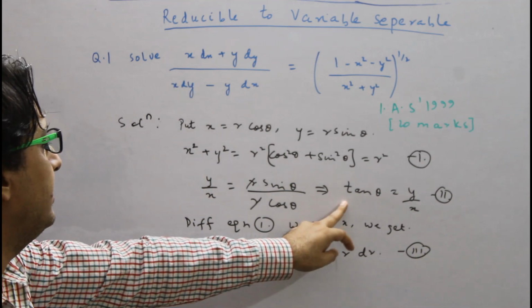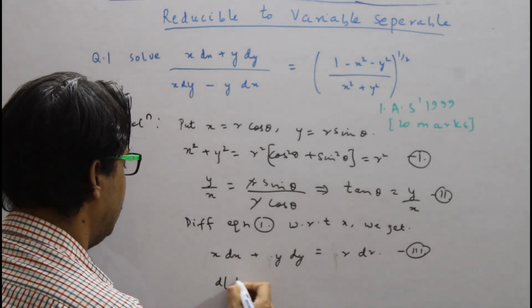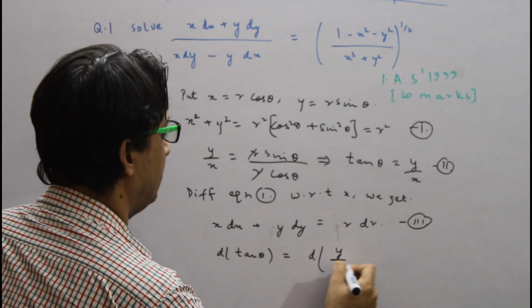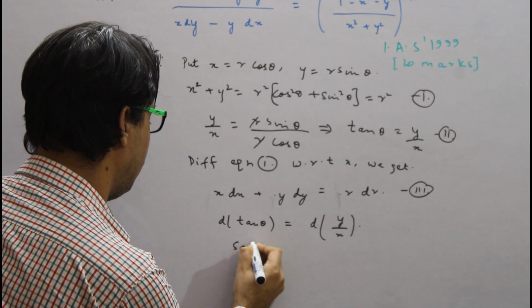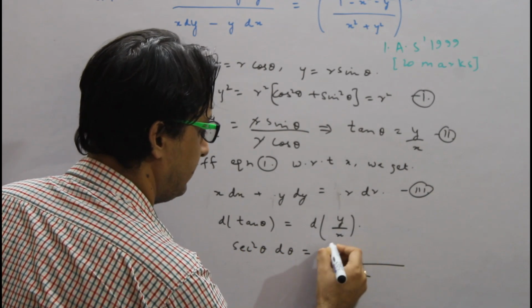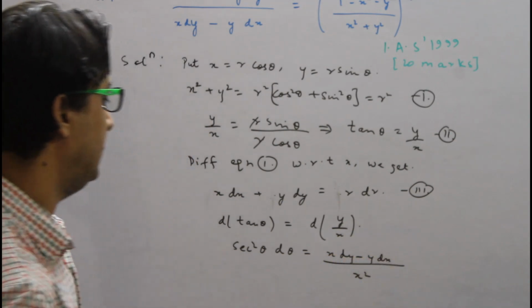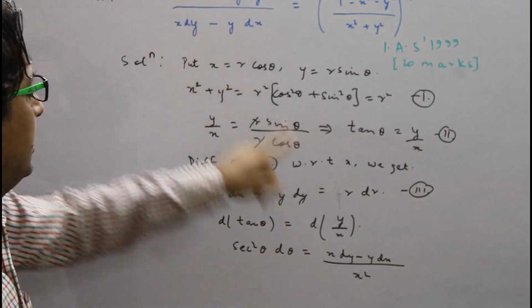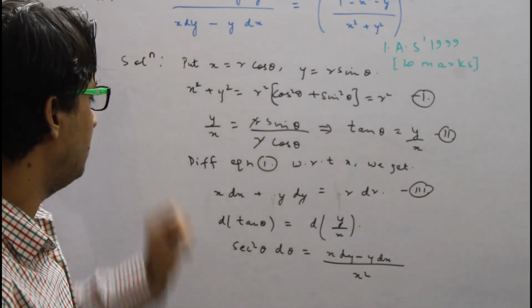Now if we differentiate equation 2, tan theta is equal to y by x, this becomes sec square theta d theta is equal to (x dy minus y dx) divided by x square. So we can see we have got x dx plus y dy here, and we have got this value. Similarly we will find it for the denominator.